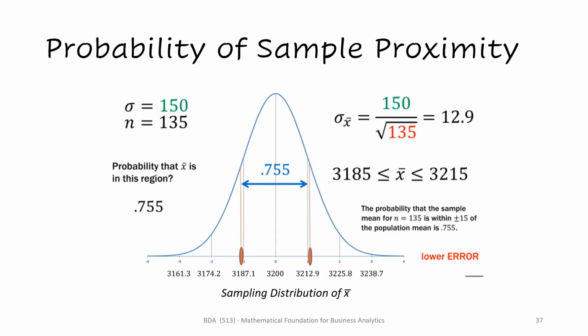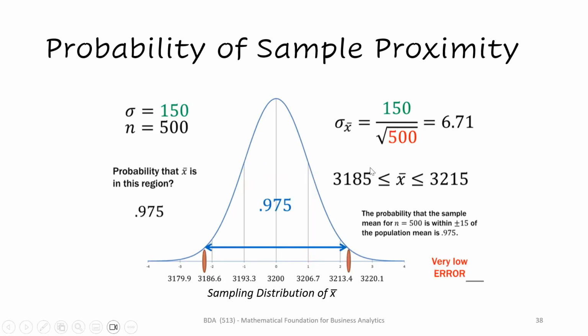Now when we calculated the probability, it was 0.755. And then when we increased the population size further to 500, you see that it includes more people. So now the probability of you getting closer to your mean is higher.